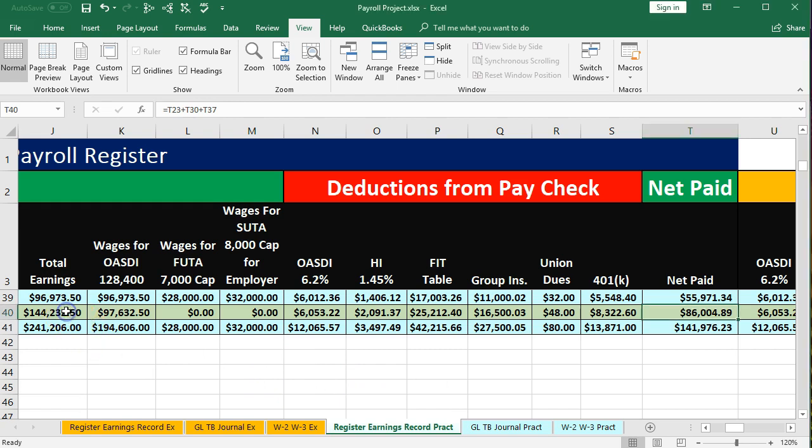And that's going to be the total earnings here, less what would be deducted from it, which would be the 401k retirement. If this was a cafeteria plan, which it is not, then we would deduct that as well. So here we're just going to deduct the 401k, the retirement plan.